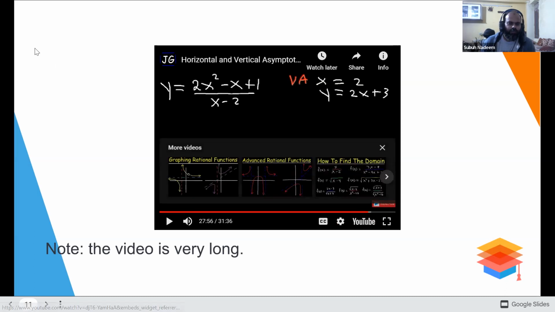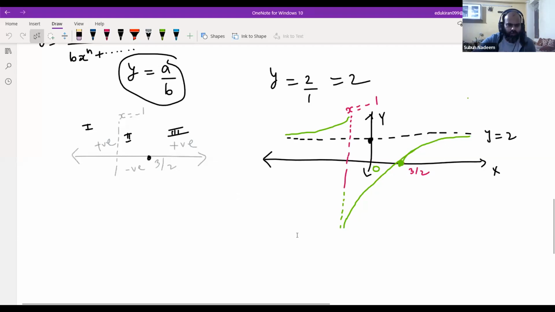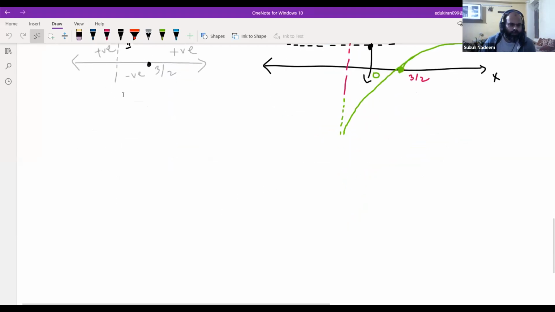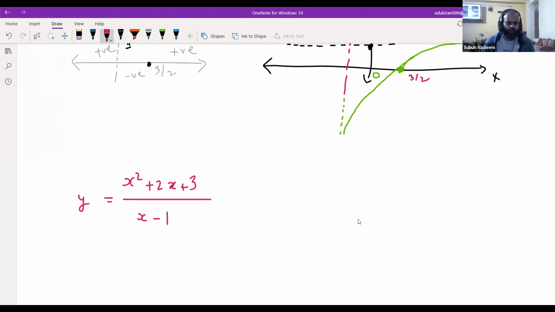What was the question? x squared plus 2x plus 3 by x minus 1. Okay, so you will divide x square plus 2x plus 3 by x minus 1.